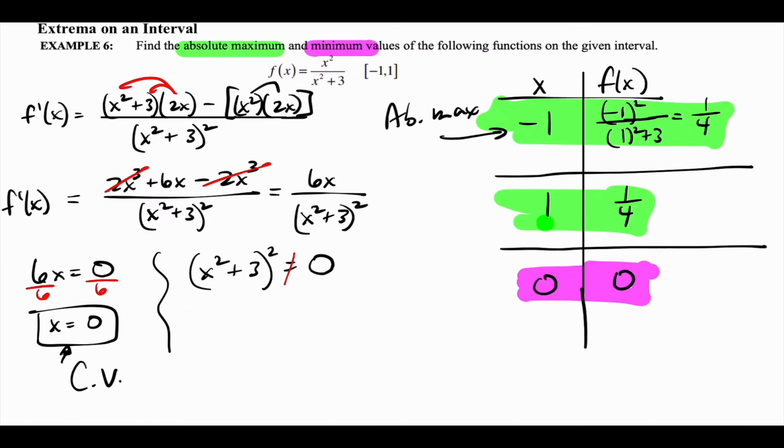Absolute max, absolute max, absolute min. Okay. So two absolute maxes, one absolute minimum.